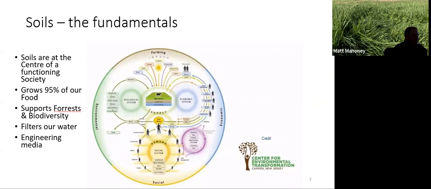It's also an engineering media. Obviously we build on it and we use it in building construction. But we're not focused on that today. It'll be more around the agricultural uses of soils.